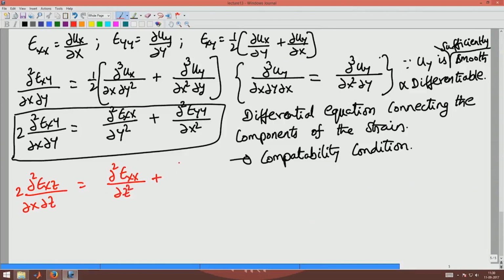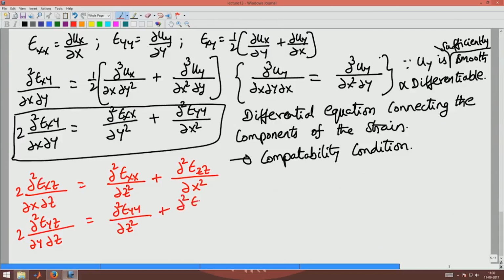I am writing this by analogy, which you can show also will hold true in the real case. Similarly, I have ∂²ε_yz/∂y∂z equal to ∂²ε_yy/∂z² plus ∂²ε_zz/∂y².